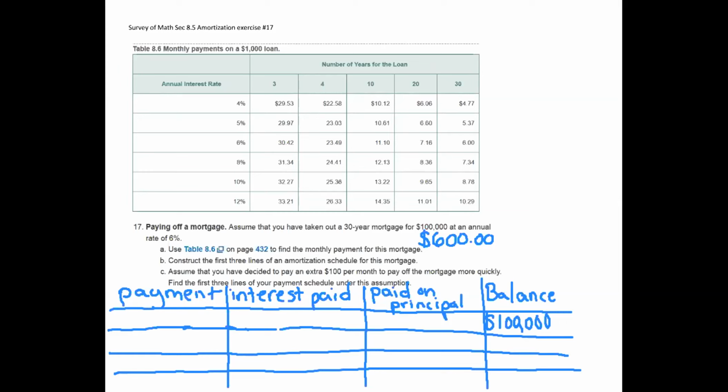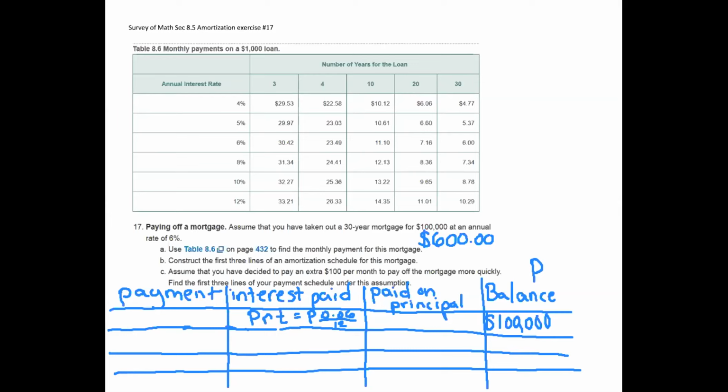This location is P. Interest is P times RT, which for us is P times 0.06, because it's 6%, divided by 12. That's going to be our running formula.